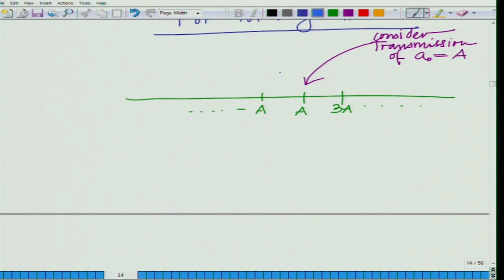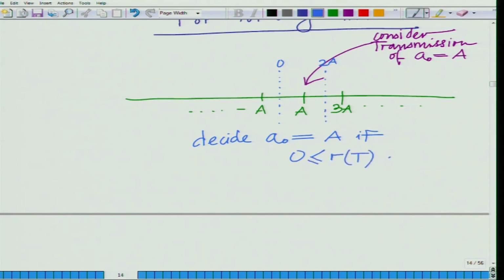Now, error occurs if the received R_t... we decide a_0 equal to a if 0 ≤ R_t < 2a.